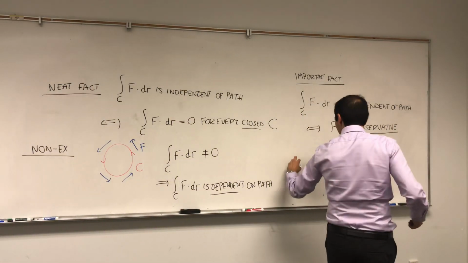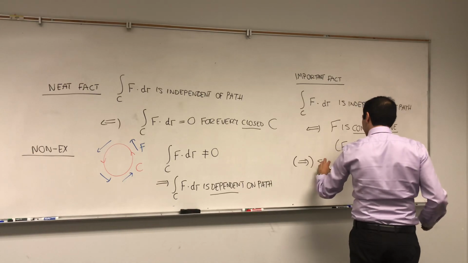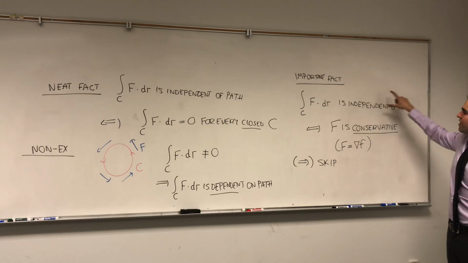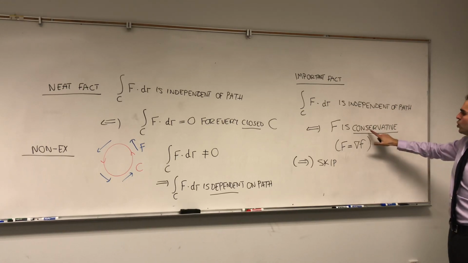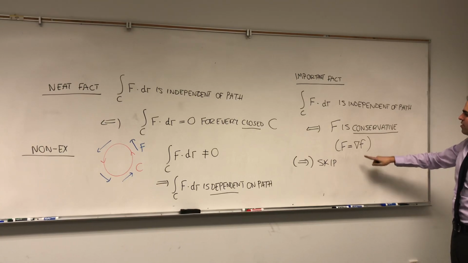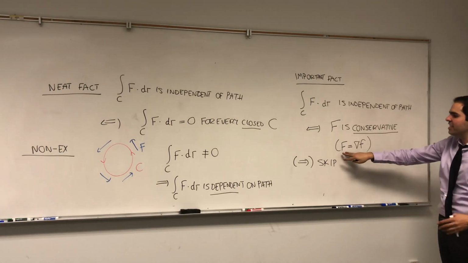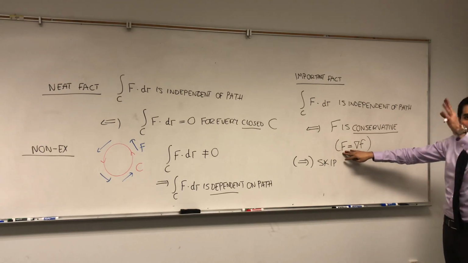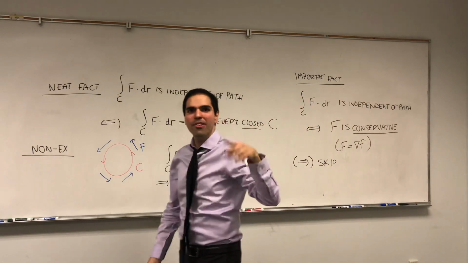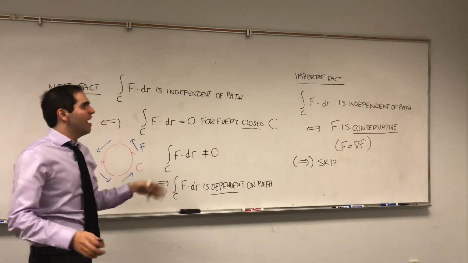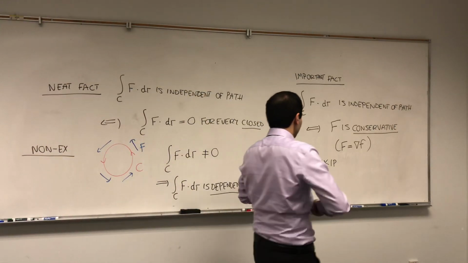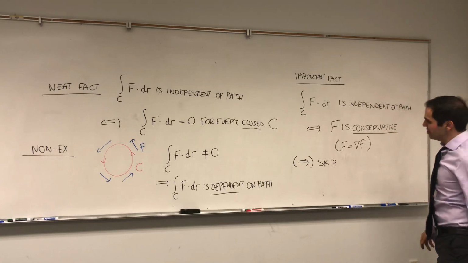So this direction I just skip, but the way you construct it, if it's independent of path, you explicitly construct an antiderivative. So you kind of say f is the integral of capital F with respect to x, and the other one the integral of capital F with respect to y. And because it's independent of path, it gives you the same answer in some sense.